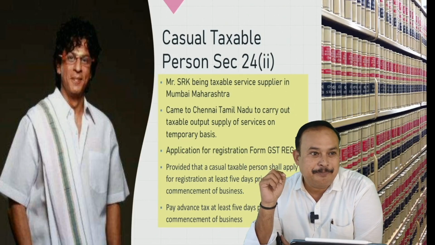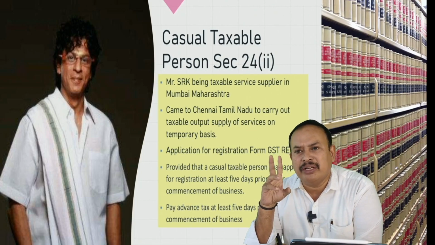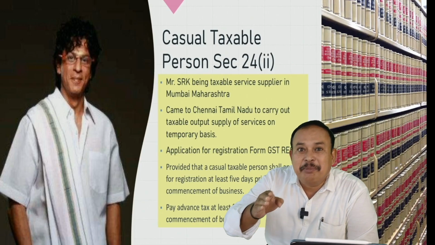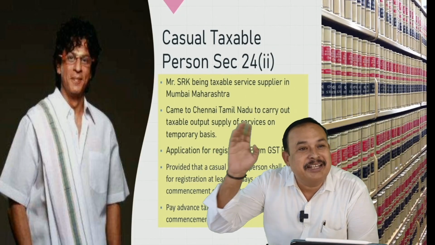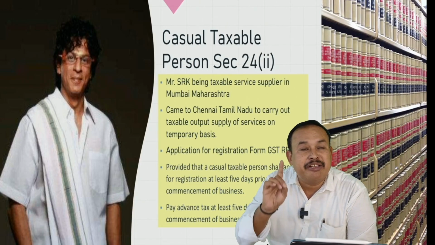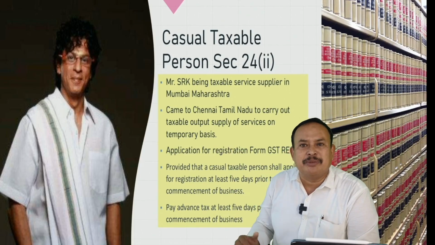Is it clear? He has to make an application from GST REG 01. Apply for registration. When should he apply for registration? Not after commencement of the business; the 30 days time period is not applicable for him. Form GST REG 01 should be applied 5 days before the commencement of the business.